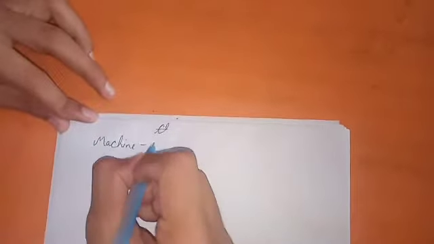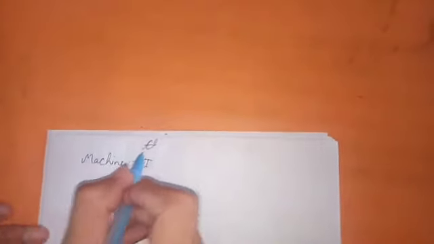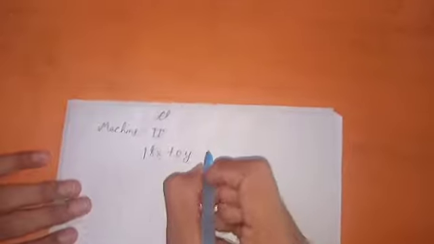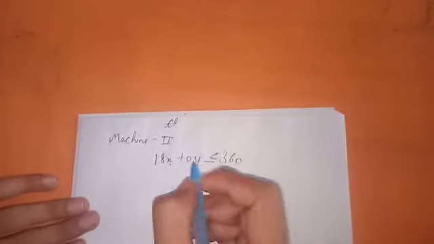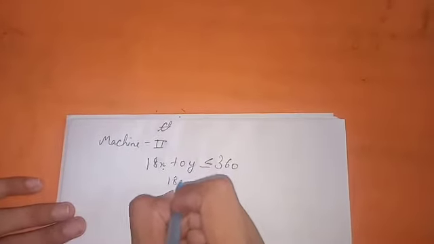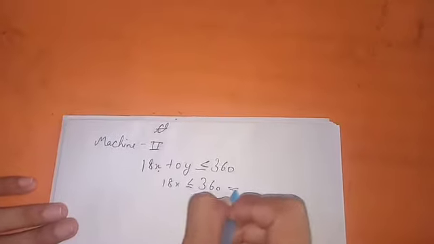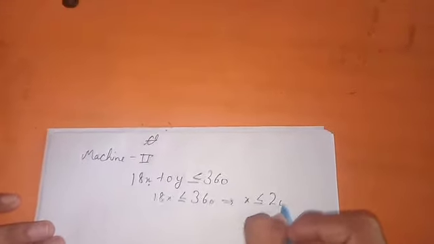Similarly, we will find for machine 2 and machine 3. Machine 2. For machine 2, 18 minutes type A toy takes and 0 minutes type B takes, and this must also be less than or equal to 360. And this we can write in simplified form as 18x should be less than or equal to 360, or x should be less than or equal to 20.